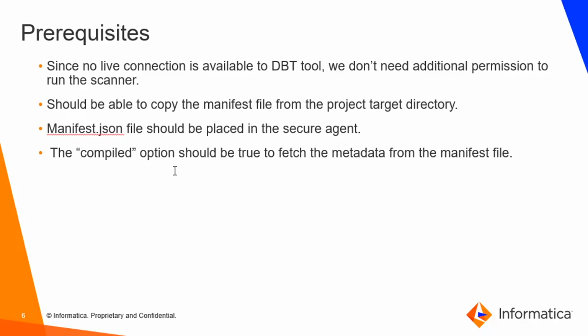The compiled option should be true to fetch the metadata from the manifest file. If you have not run this model file even once, then the compiled option won't be true, and the manifest file won't fetch any details.